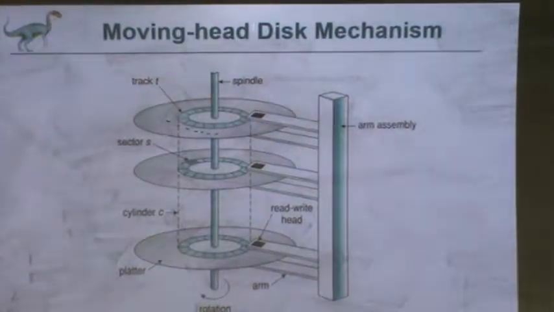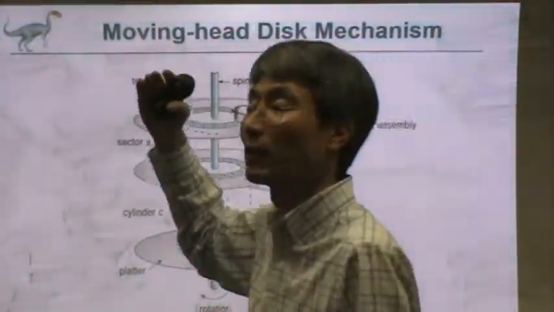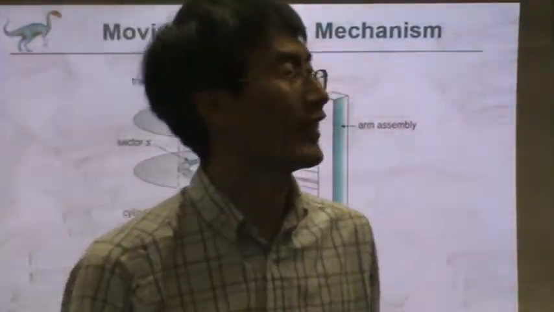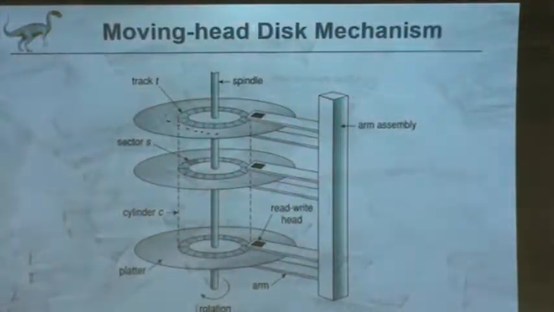So what is the current technology? 7,200. Nowadays we have higher than 10,000. But the faster the better, not always. There should be an optimal. So 7,500 is typical nowadays, but the current technology is up to more than 10,000 RPM.